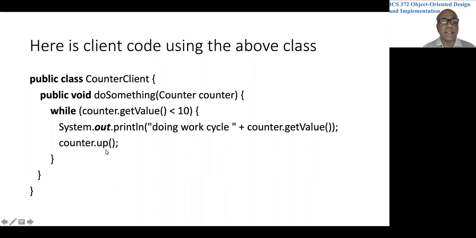Let's make that simplifying assumption. So in this loop, we do some work. All I am doing at this point is just printing a message, but it can be much more complicated. And then we count up, and then we check, have we done this 10 times? If not, we continue the work and then again increment and so on.